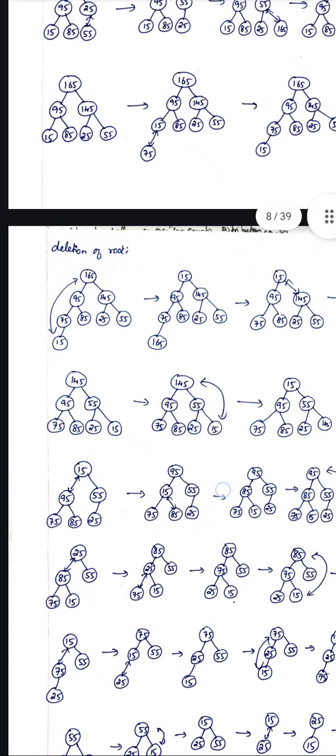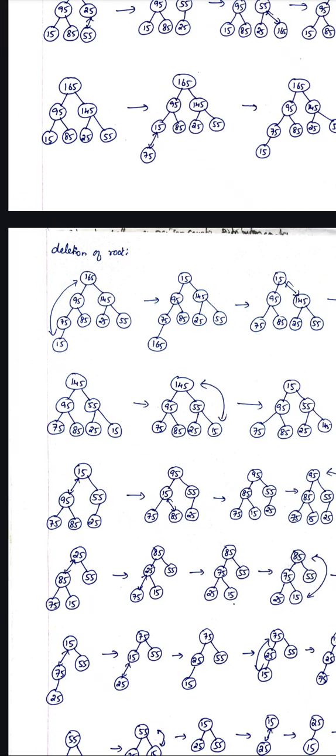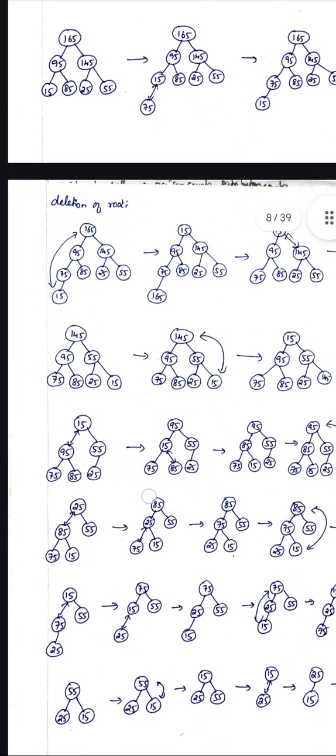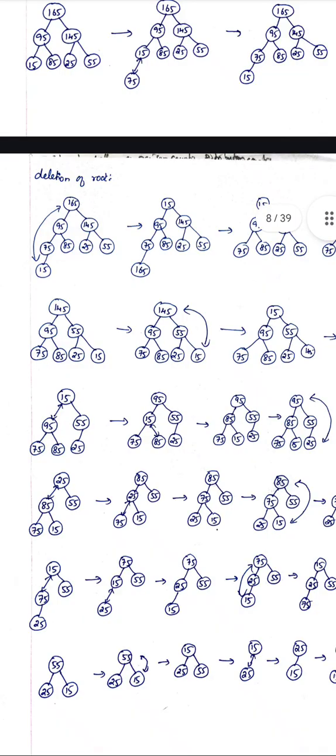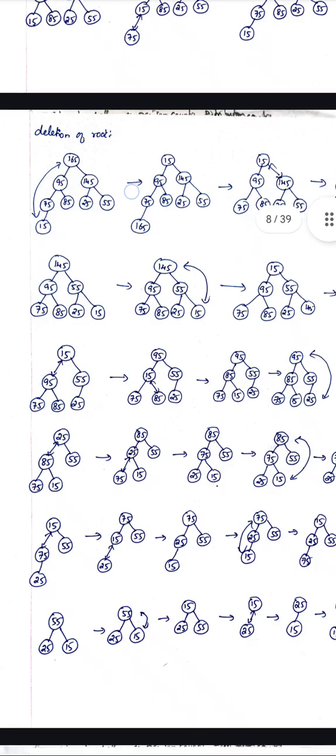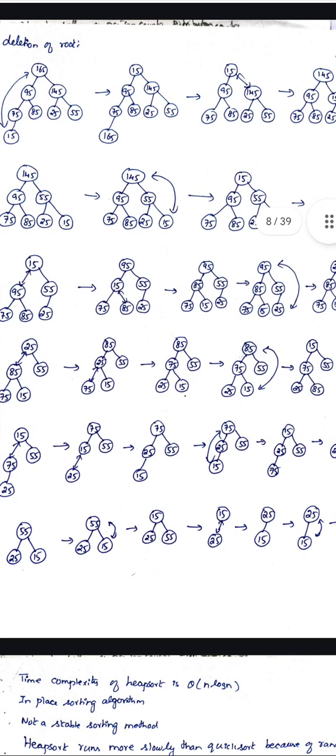Then again root deletion, 145 should be deleted, so swap with 15, that is the last node of the tree, the end leaf node.